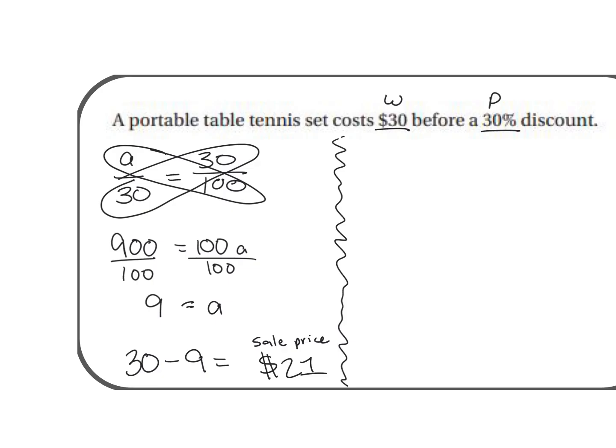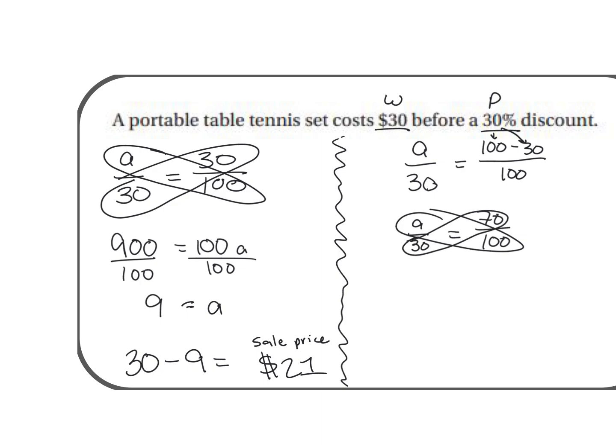Our method 2 said set up the first part the exact same, except this time, figure out how much of the original we are actually paying, right? 100% would be the original, 30% is my amount of discount. This leaves me paying only 70% of the original price.